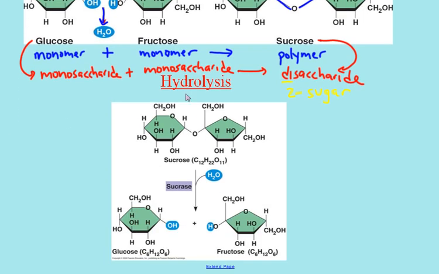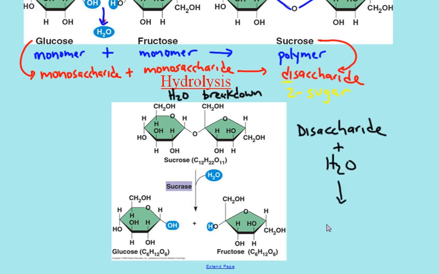The exact opposite of this is hydrolysis. Hydro meaning water, lysis meaning breakdown. So we are using water to its fullest advantage to break something down. So we have our sucrose, our disaccharide. Essentially, we're adding water to it.